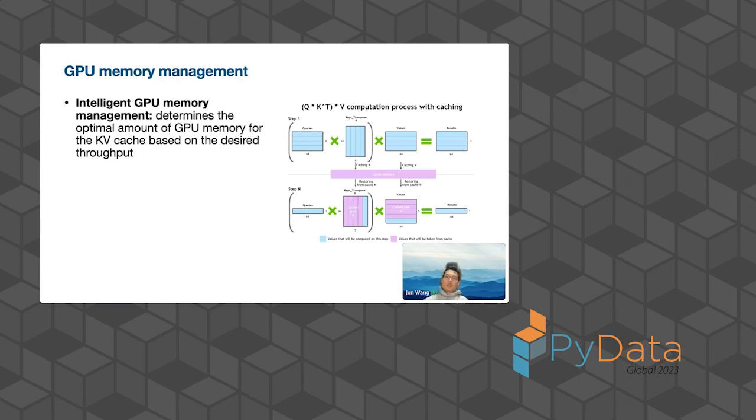But it's hard for users to do the math and calculate, given a desired throughput, how much GPU memory they should allocate to KV cache, right?